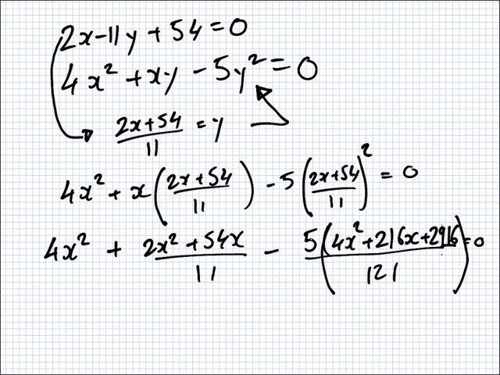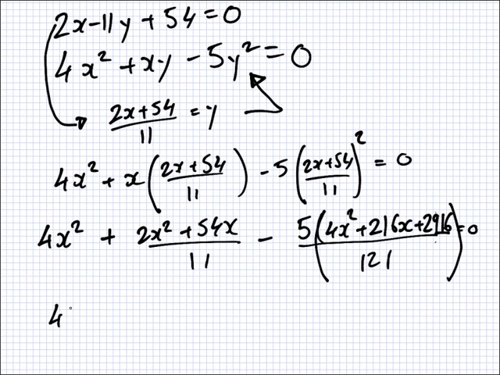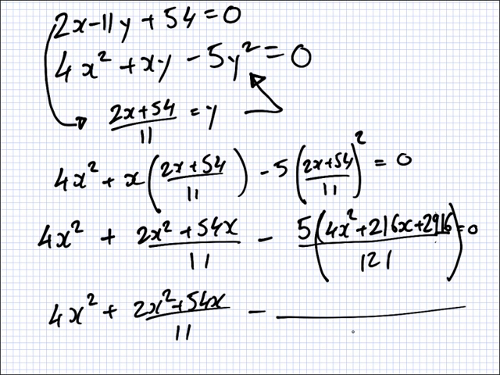But I'm not actually finished because I need to multiply in the 5, don't I? It's a bit of a pain. 4x squared plus 2x squared plus 54x over 11 minus over 121 equals 0. 20x squared plus 1000, what is it? 1080.